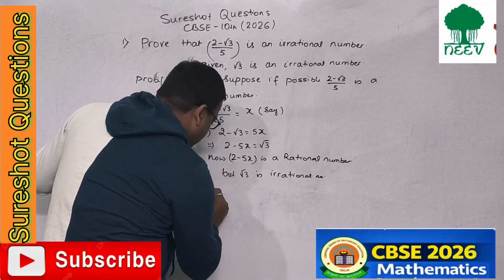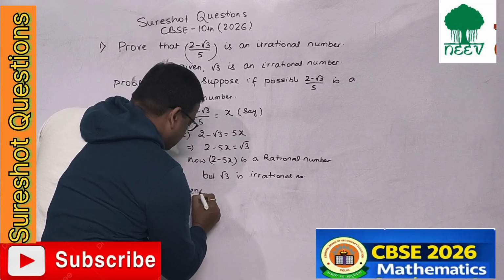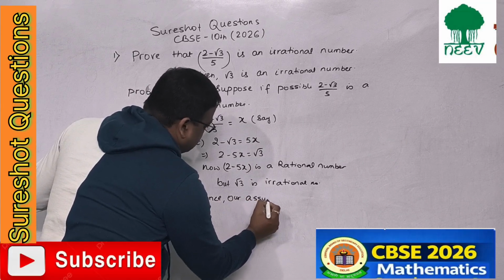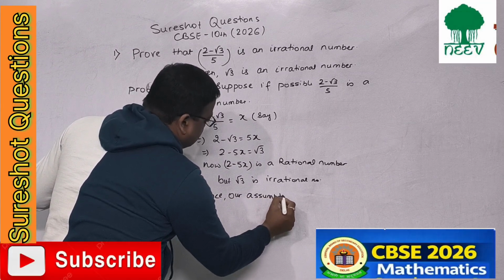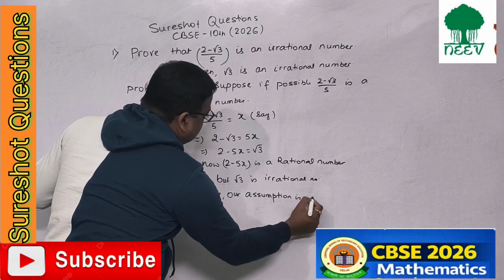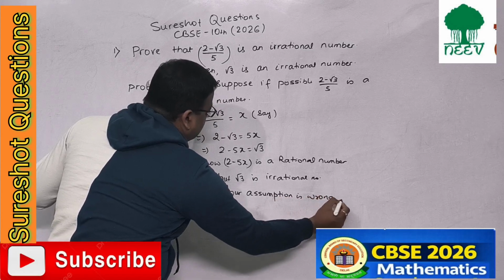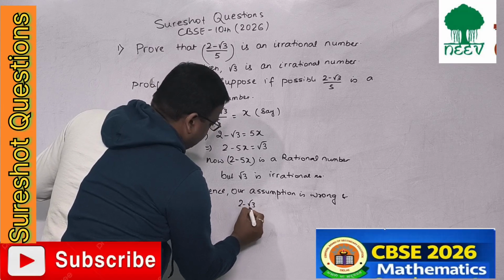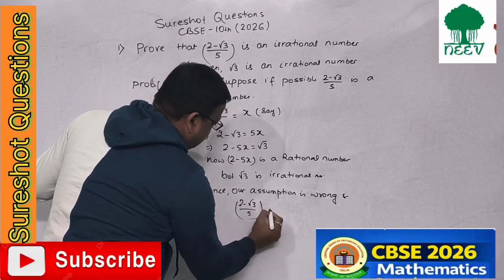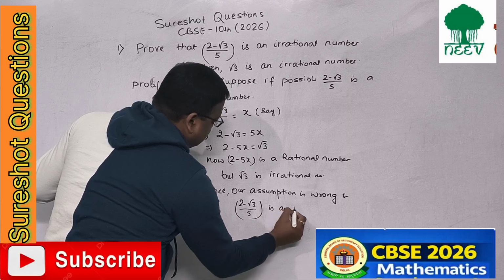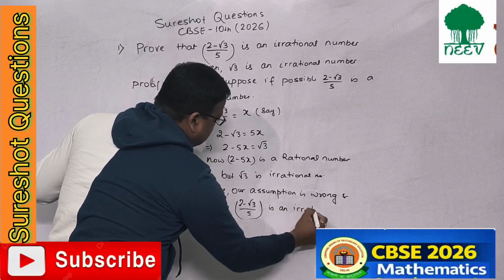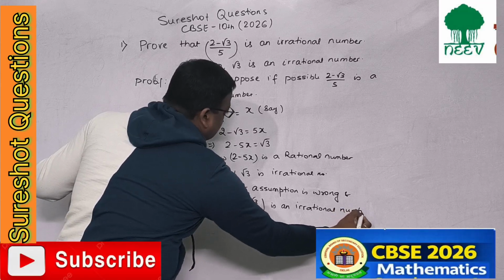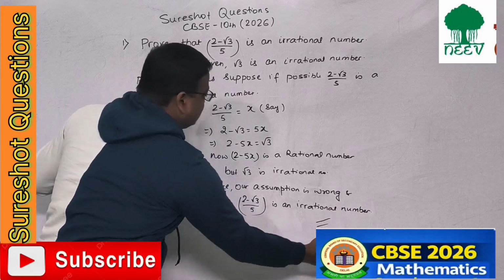Hence, our assumption is wrong, and 2 minus root 3 by 5 is an irrational number.